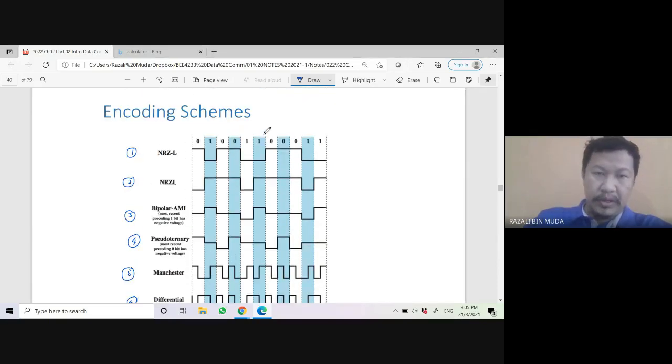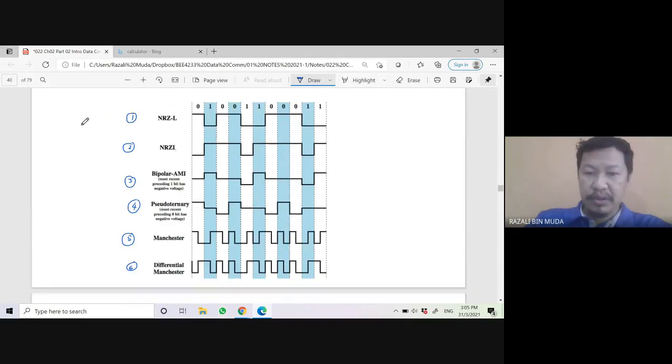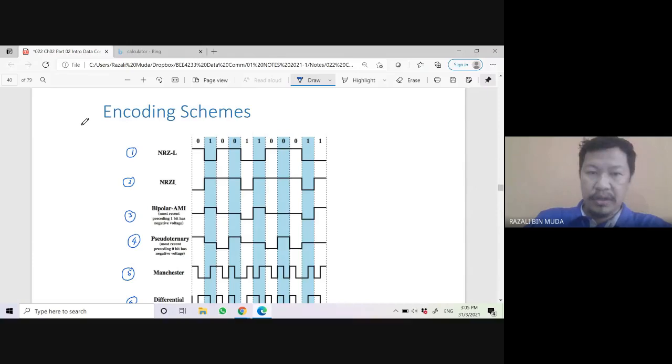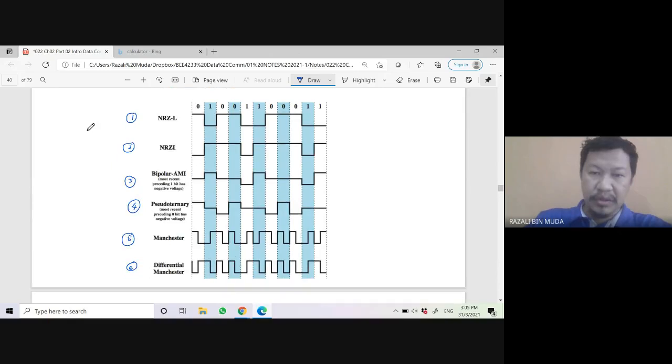So these are different encoding schemes that can be used to convert the digital data into digital signal. All these schemes have different formats, different outputs. So you need to go through this topic on yourself.